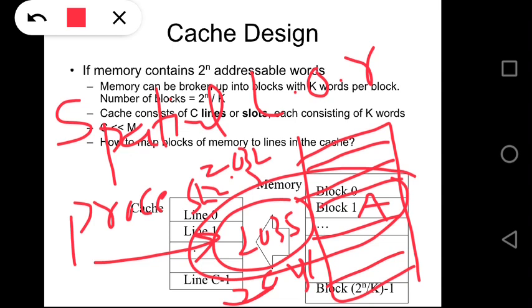So better place those words in the cache memory. This is called spatial locality of reference.